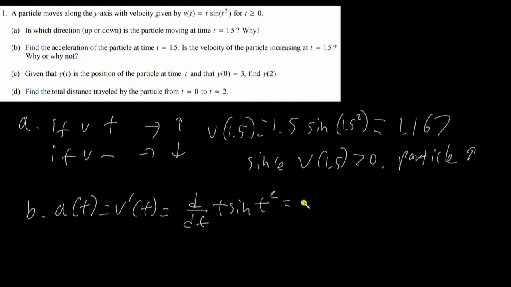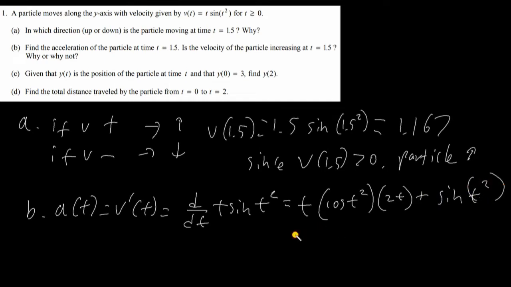Using the product rule, we get t times cosine of t squared times 2t plus just sine of t squared. I can simplify that a bit and get 2t squared cosine t squared plus sine of t squared.